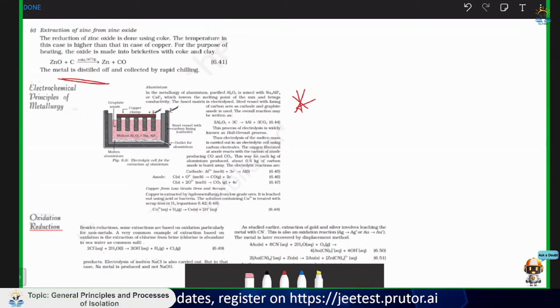For copper, you're going to use self reduction, or roasting with leaching, with coke.